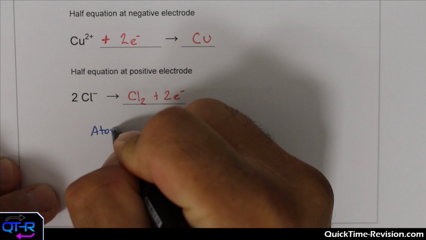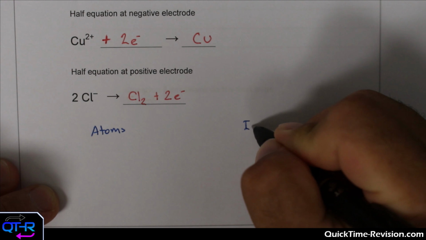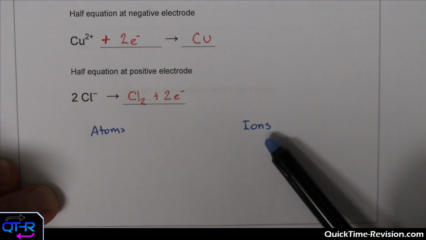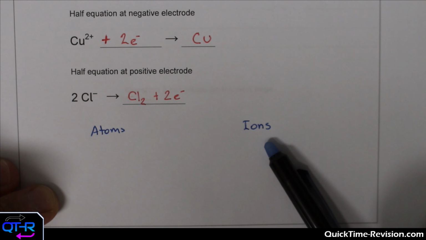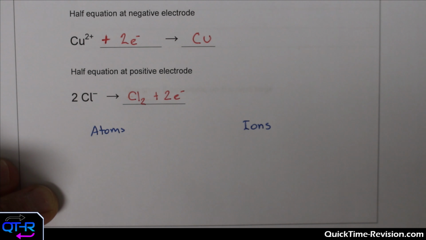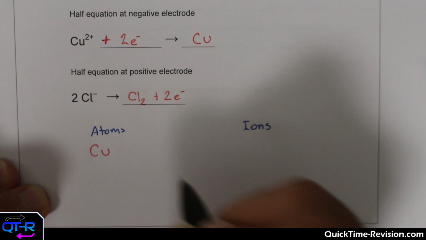We have atoms, okay? And if they gain or lose electrons, they are going to become ions, okay? Now, if you have an ion and it loses or gains electrons, it can also become an atom, but it's just going in reverse, okay? So in this case, we have copper, okay? Copper is going to be Cu.